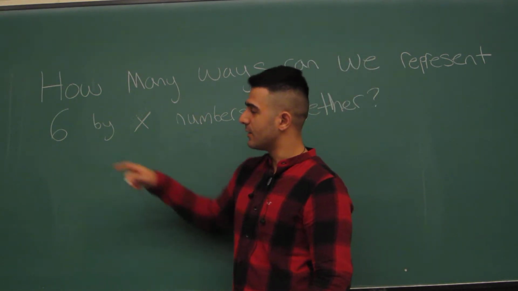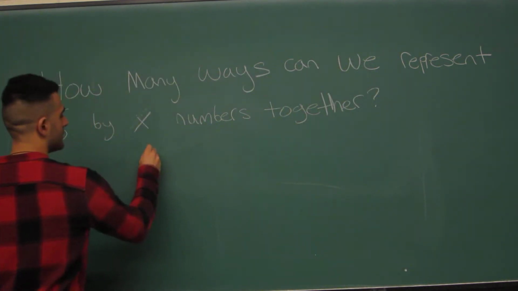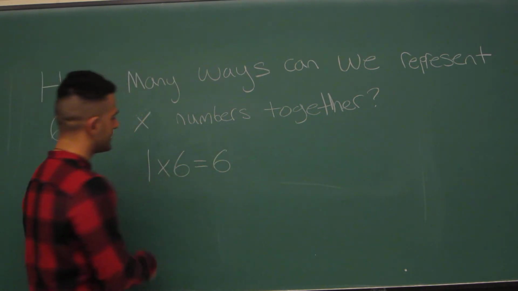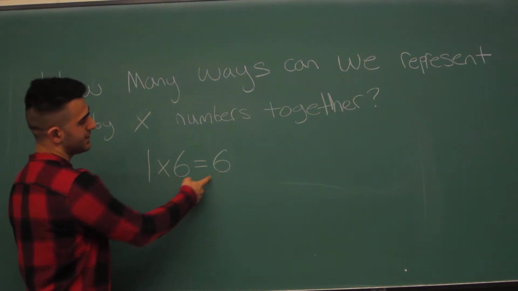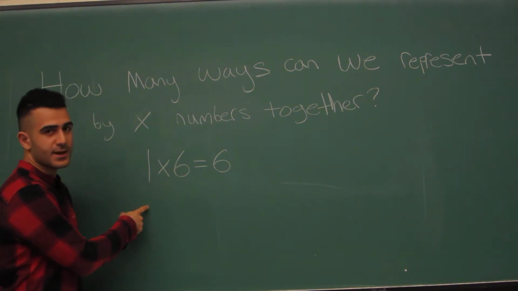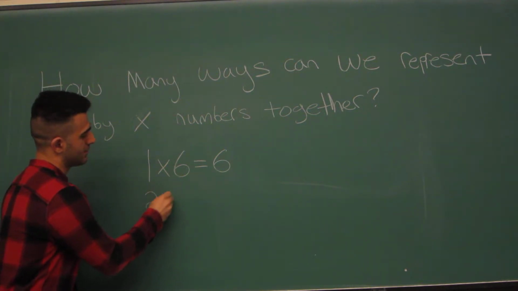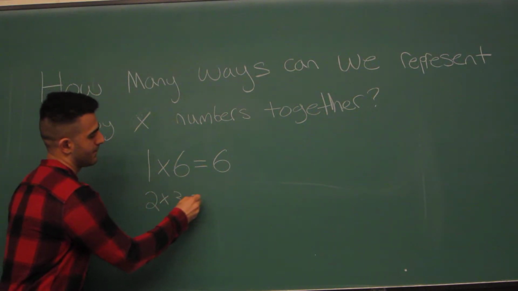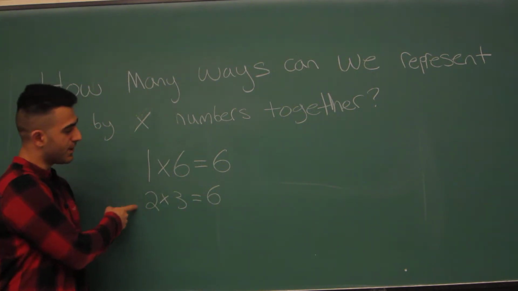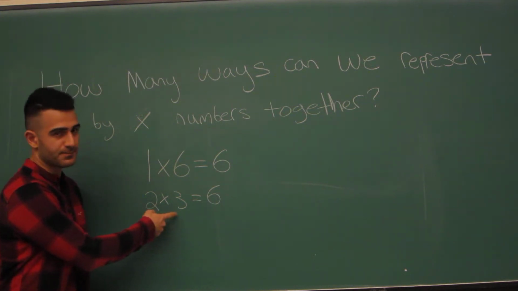So one way we can represent 6 by multiplying numbers together is the following. So we have 1 times 6 is equal to 6. The other possible way of representing 6 by multiplying numbers together is the following. And you can check for yourself, but these are the only two possible ways of representing 6 by multiplying numbers together.